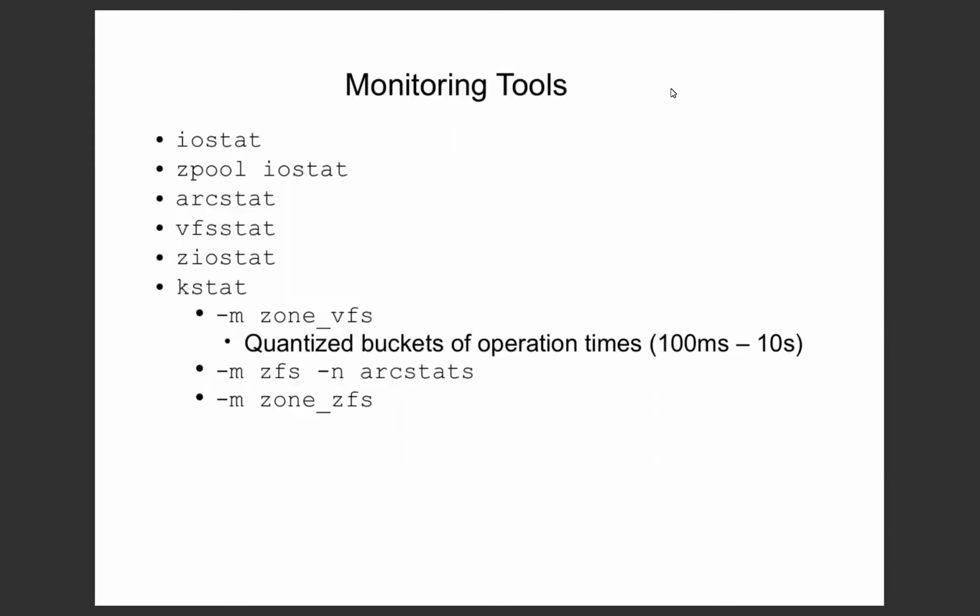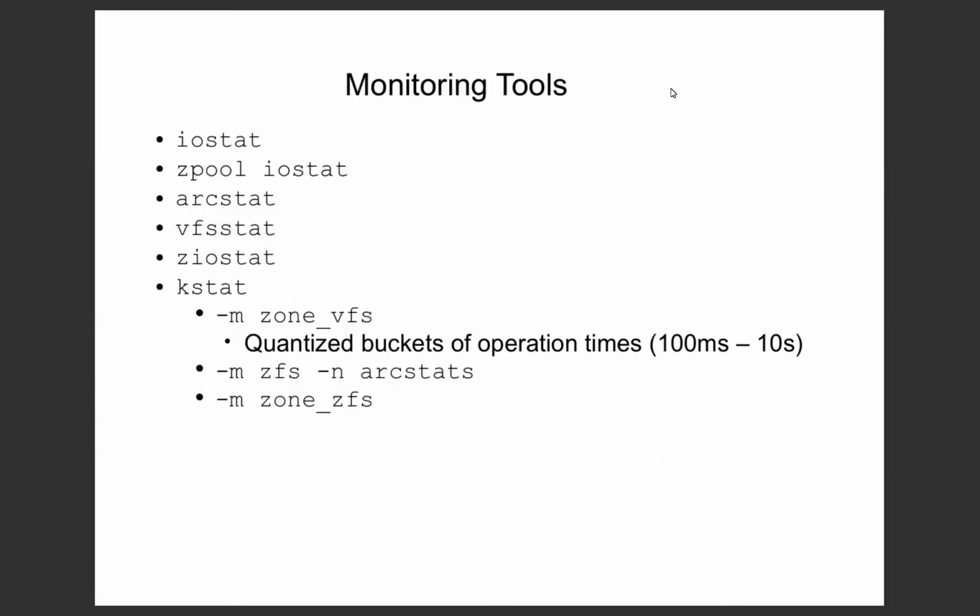So if you see that number going higher, that could be an indication that the queue of operations on the disk itself is full. You have to be cautious when you're using iostat and looking at the numbers, because they don't always mean exactly what you might think they would. So that's just an observation about iostat.